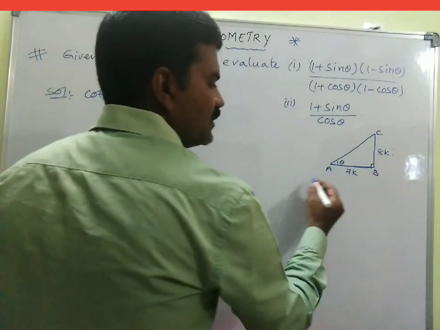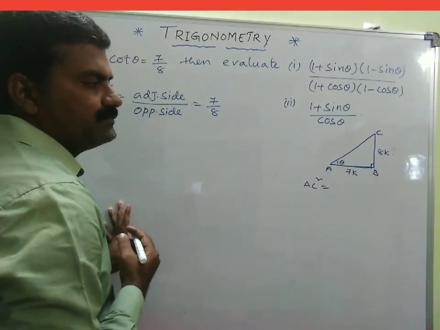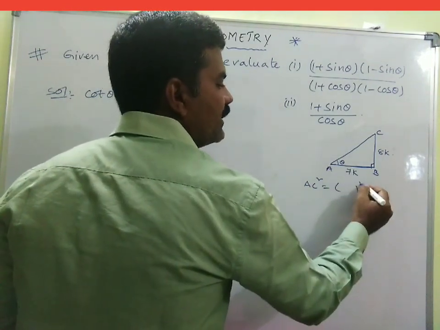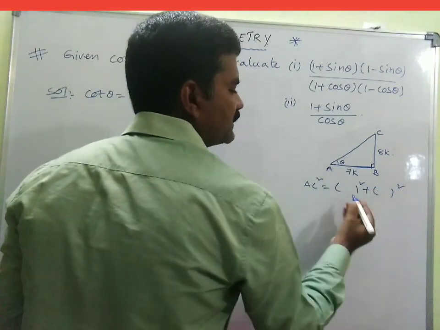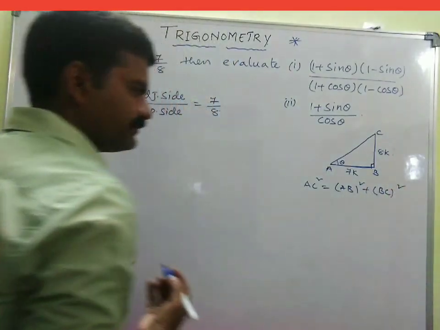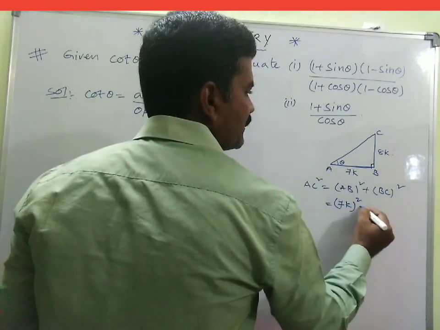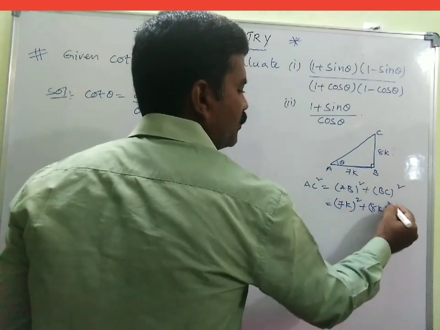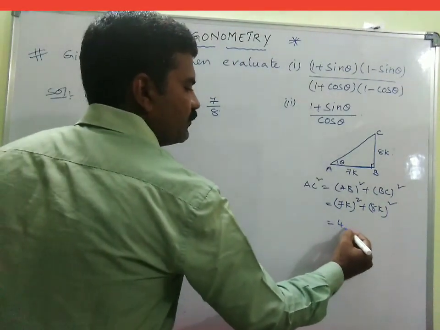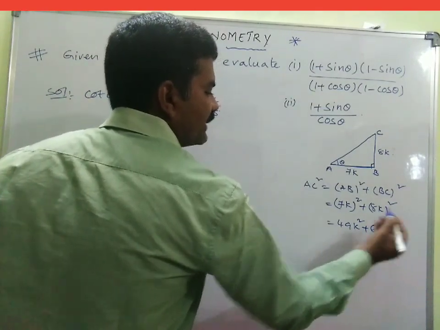Using Pythagoras, here the hypotenuse is AC. So the hypotenuse whole square is equal to the sum of the squares of the other two sides, AB and BC. So AB is 7k whole square and this is 8k whole square, which is 49k square plus 64k square.